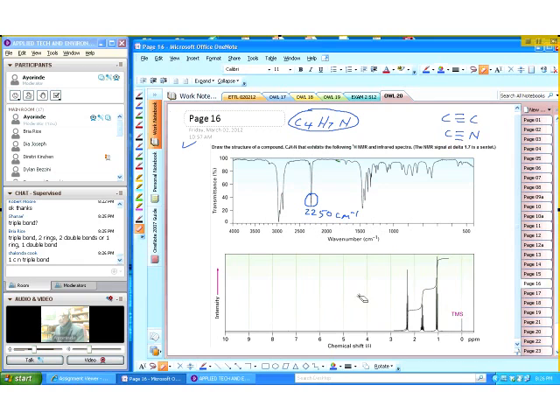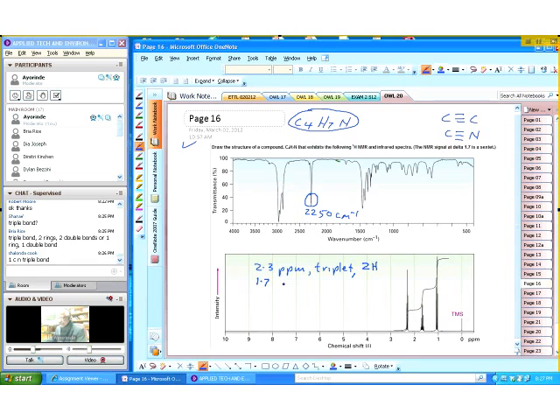Now let us look at the rest of the data they've given us. This is the proton NMR spectrum, and what do we have here? This signal, the chemical shift is at about 2.3 parts per million, and that is a triplet. Because of the integration that I see here, I will say this is 2 hydrogen.